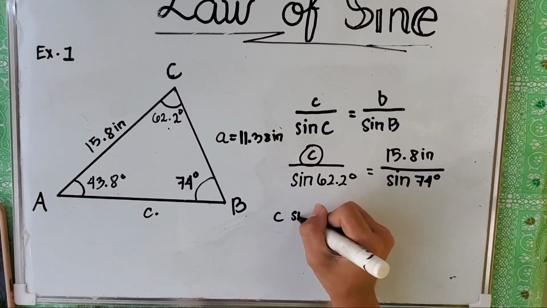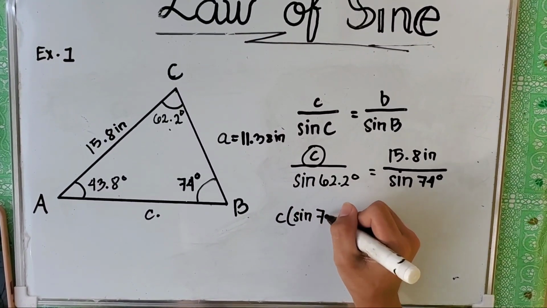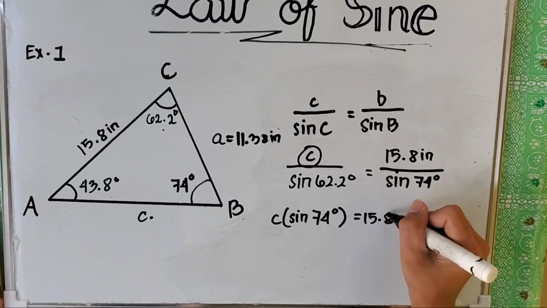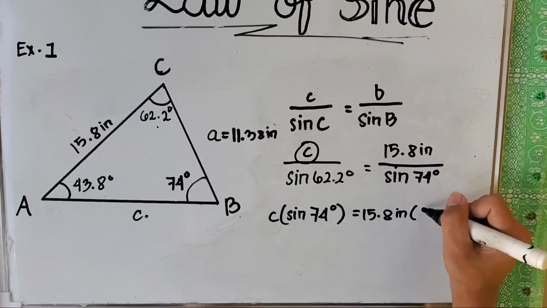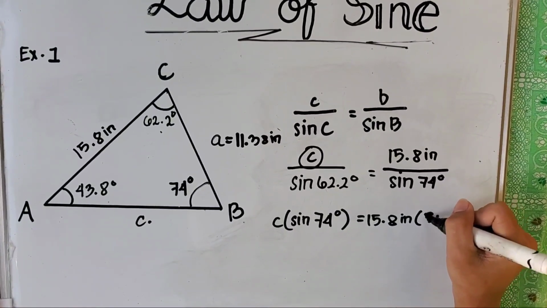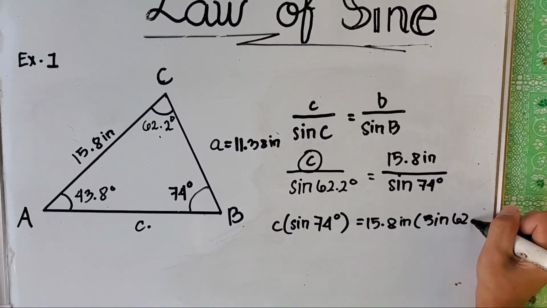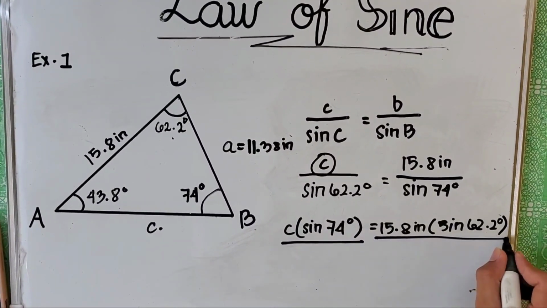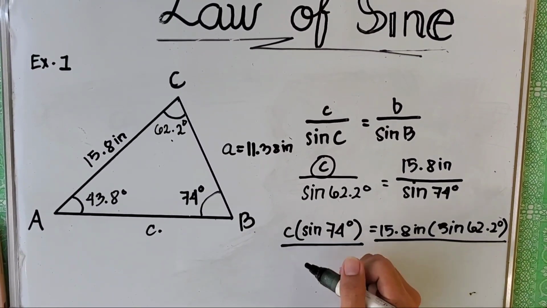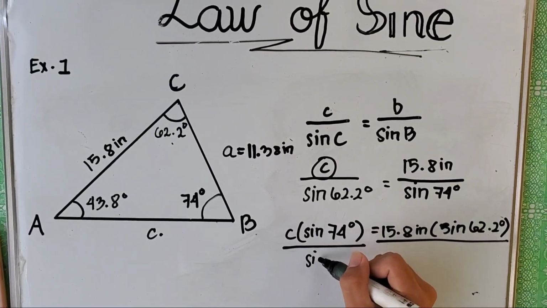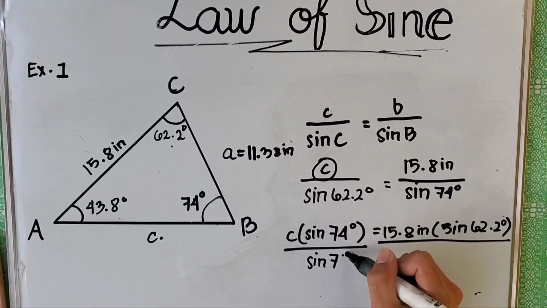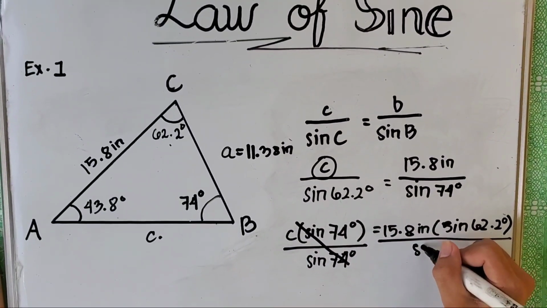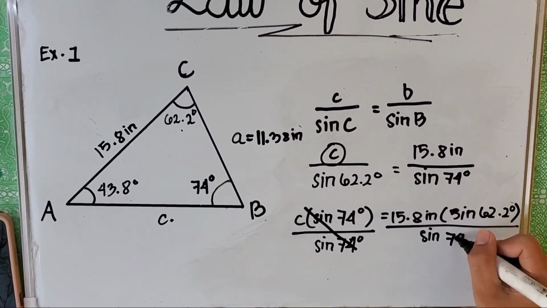C sine 74 degrees is equal to 15.8 inches multiplied by sine 62.2 degrees. To find C, we divide both sides by sine 74 degrees to cancel it out.